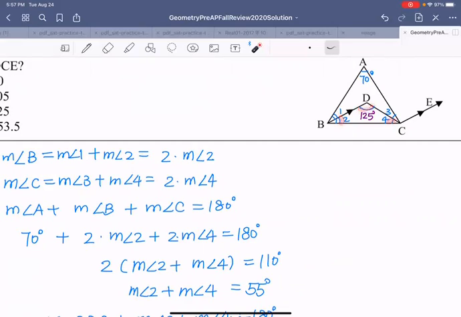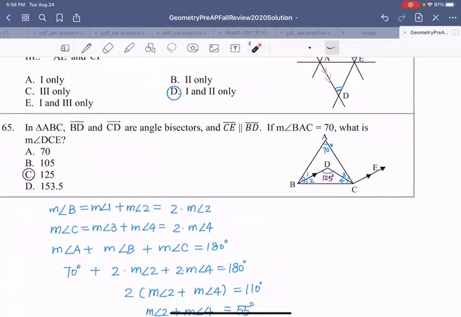Sorry, 180. Okay, this is 180. Now you tell me these two added together are 55. So this guy has to be 180 minus 55, which is 125. There you go, this angle equals 125. They ask you for who?